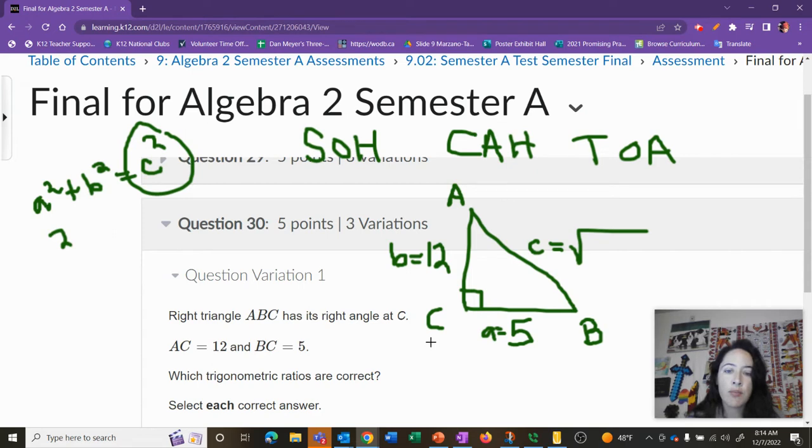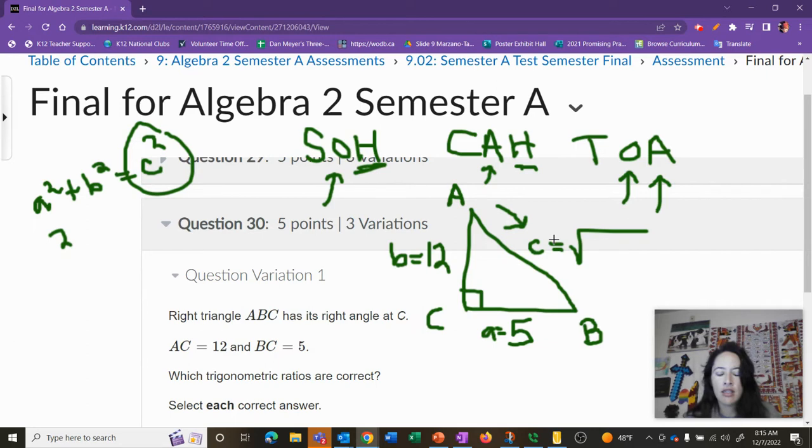You need to pay attention to what the angle is. H will always be C, it will always be the hypotenuse. O and A are opposite and adjacent.